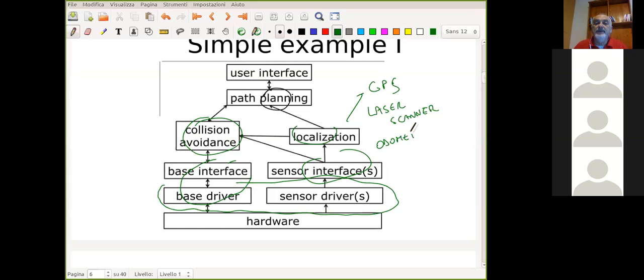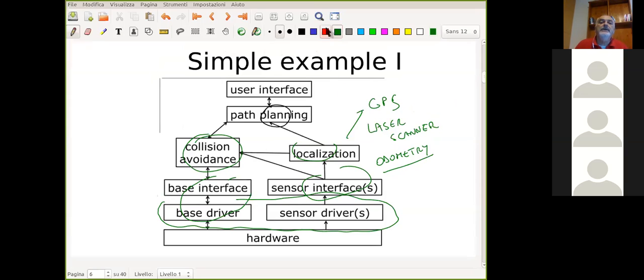The term odometry will be clear in the second semester in the mobile robot course, in which odometry is a way of reconstructing the position of the robot, just measuring how much the wheels have been moved, the angular position of the motors and of the steerings and everything. So combining all this, there is localization.